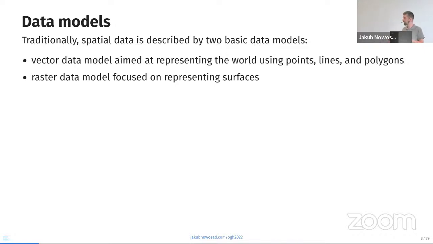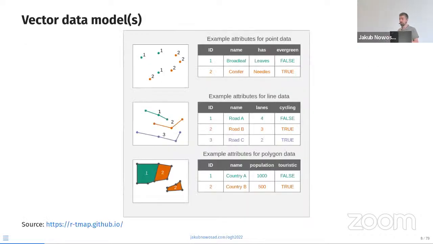And traditionally, when we think about data in GIS, we think about two main data models. So vector data model, when we use points, lines, and polygons, and raster data model when we think about representing surfaces. And with the vector data model, basically, we think about two main parts of this model. So we think about geometries, so locations in space, and we think about data, so attributes.